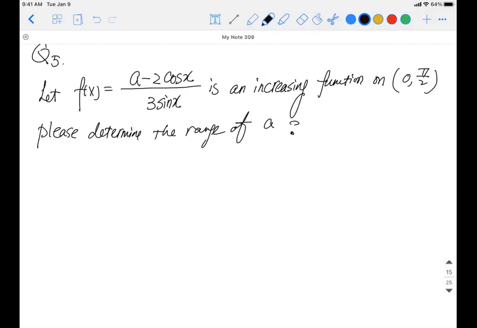Increasing, decreasing alternately. So whenever you talk about increasing or decreasing, the most important thing is that you make sure to give a specific domain. Our function is actually increasing in this specific domain. With all this information, please find out the range of a. All right. I see a function. Let's think about what the thinking process is, right? This is a function.